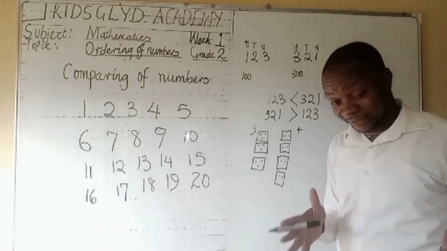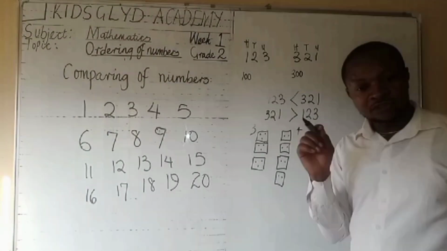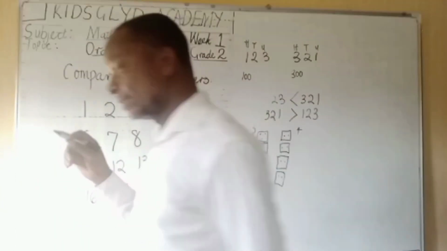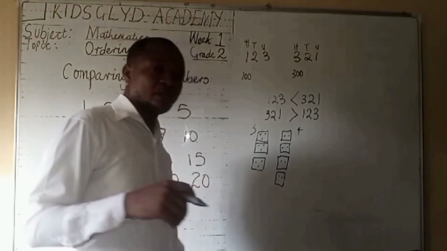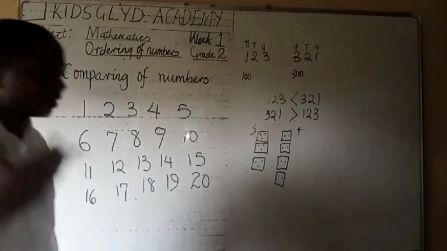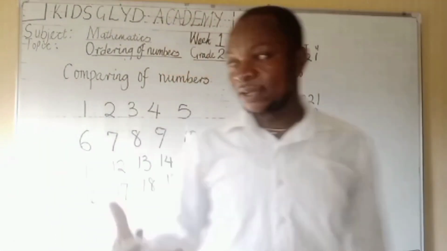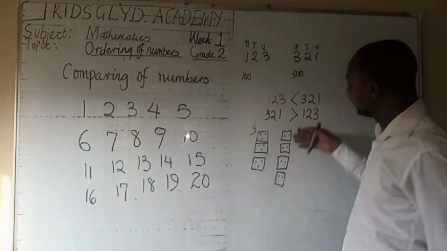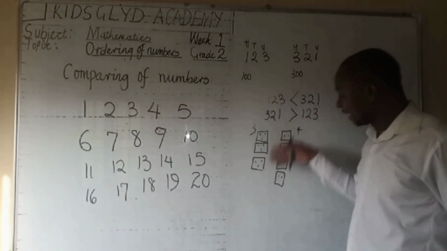Based on your own understanding, the dots inside or on each of the seats or each of the boxes show which one is greater. This one has 3 dots. This one has 2 dots. But these ones are more in number than this.